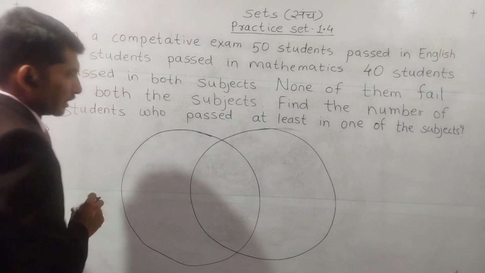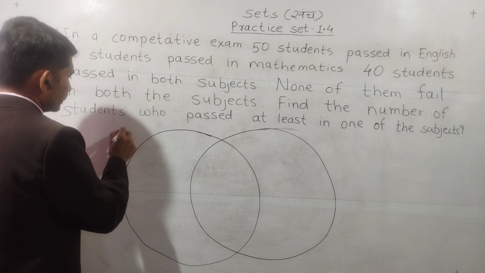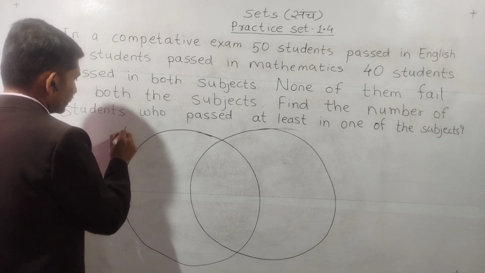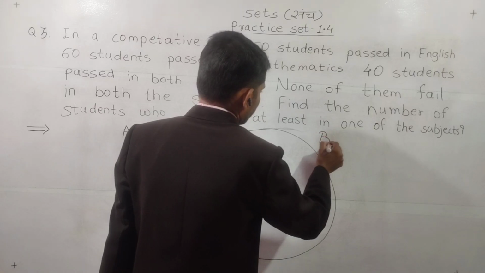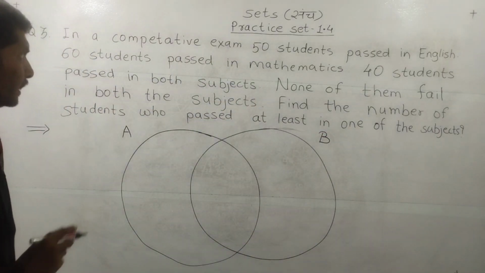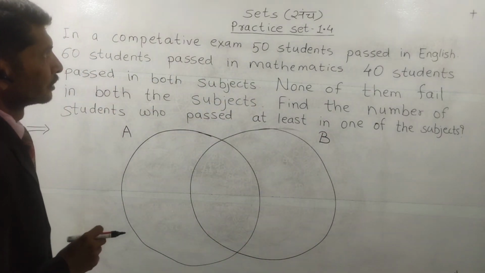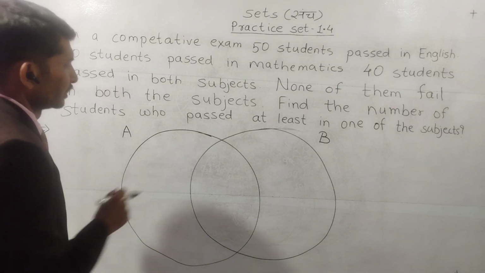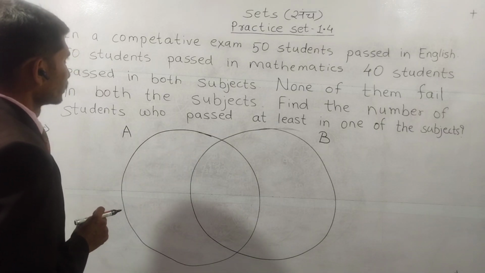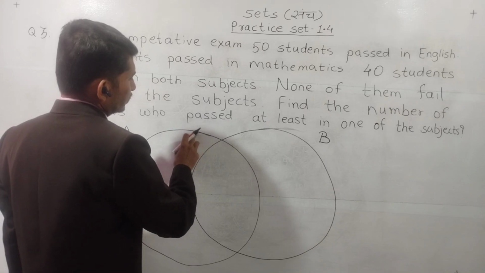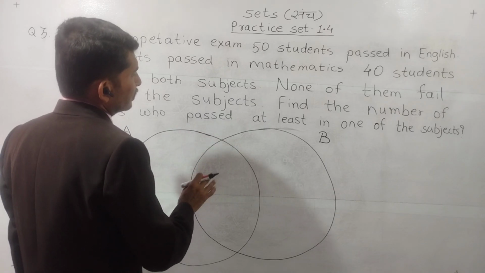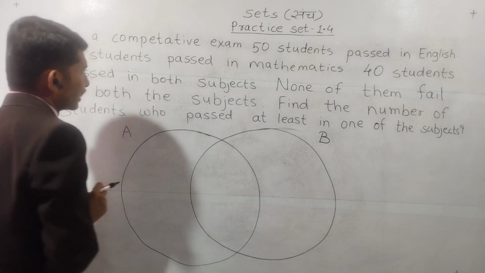We have drawn two sets here. For this set we will give the name A, and for this set we will give the name B. Set A contains the total students who passed in English, and set B contains the total students who passed in mathematics. The intersection of these two sets contains the students who passed in both subjects.